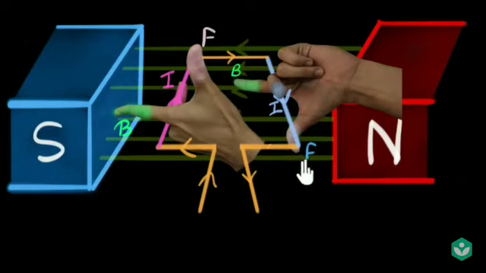If you apply the same left hand rule to the other side, we see that the force is acting downwards. And for the two remaining sides, the current is parallel to the magnetic field, and as we have seen before, whenever the electric current is parallel to the magnetic field, the field does not push, so there will be no force acting on these wires.